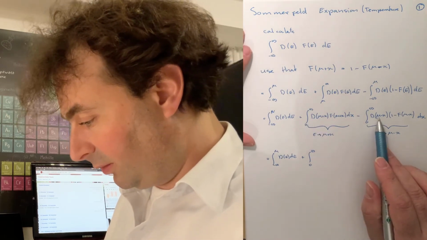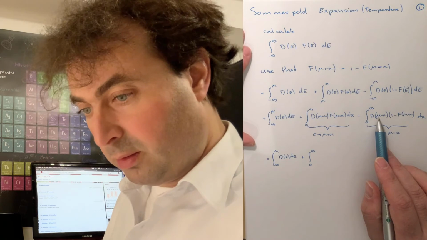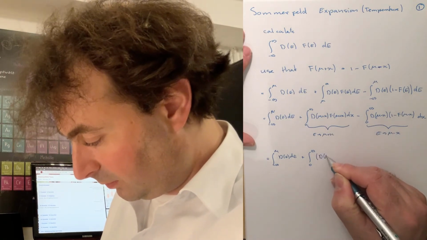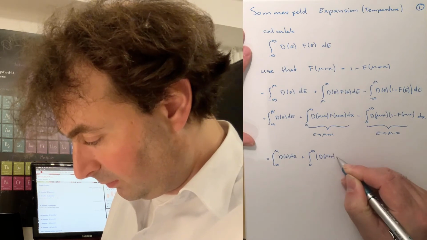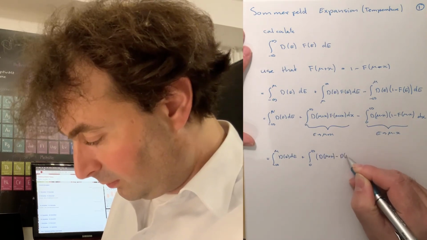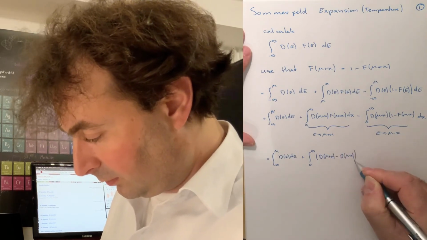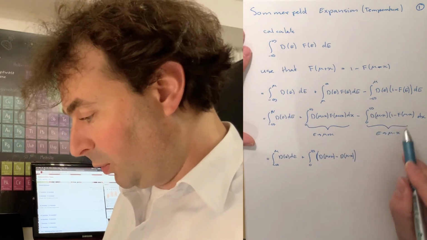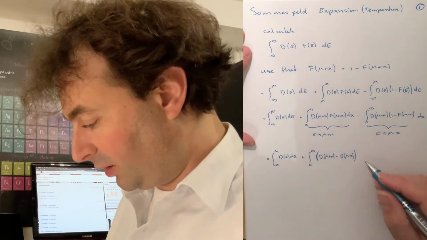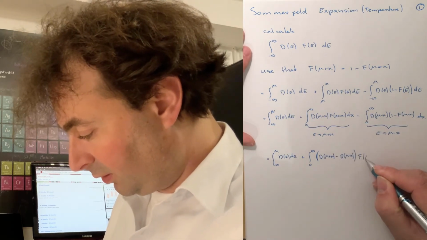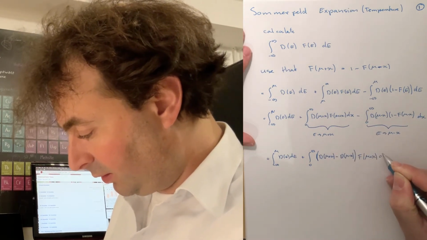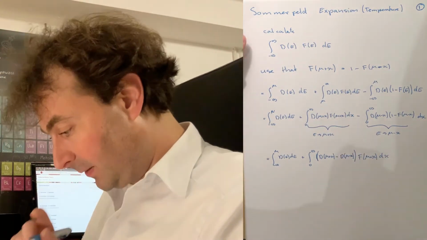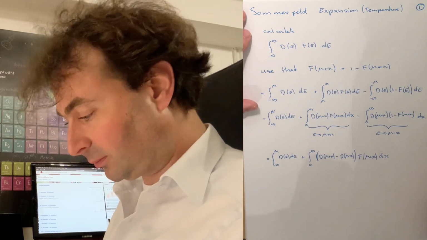I have a D(mu minus x) and a D(mu plus x). And I can use that 1 minus f(mu minus x) is f(mu plus x), such that we have f(mu plus x) dx.